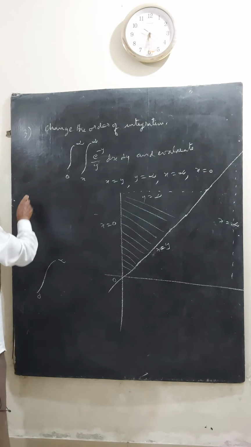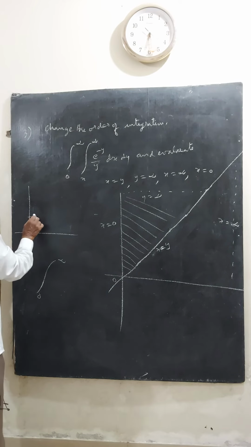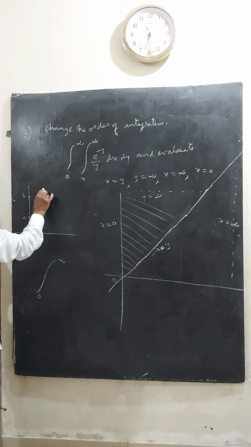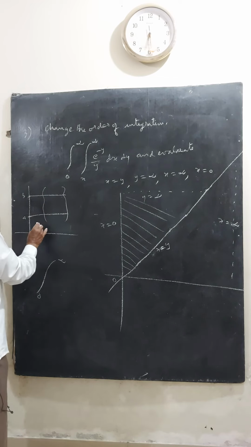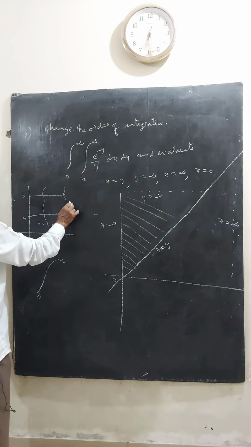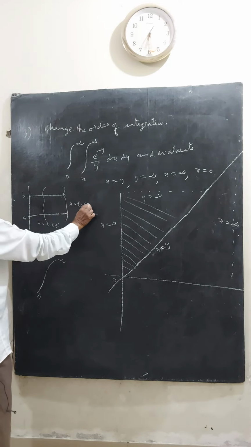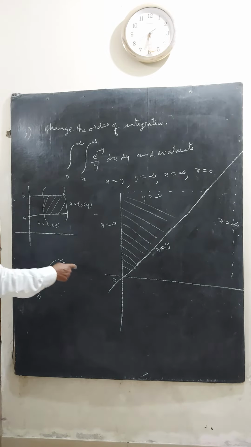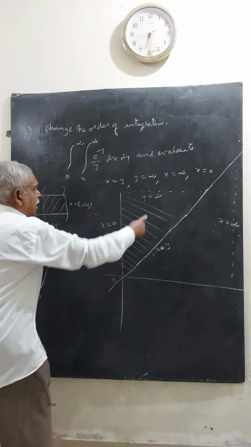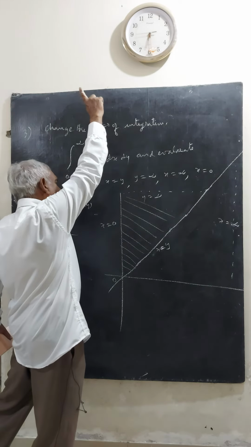If we take limits on the y axis, x is f1 of y and x equal to f2 of y. This is the region. If we take the limit on the y axis, 0 to infinity, y equal to infinity means the line is at infinity.